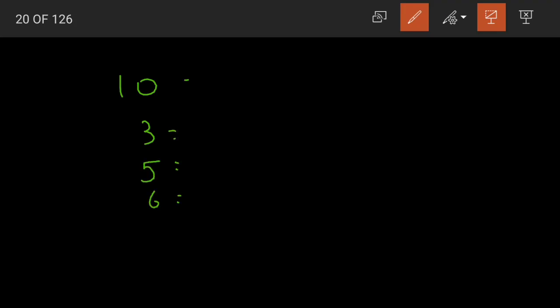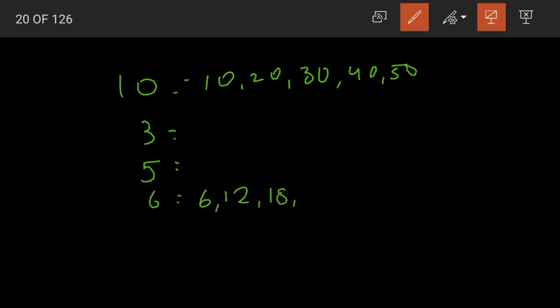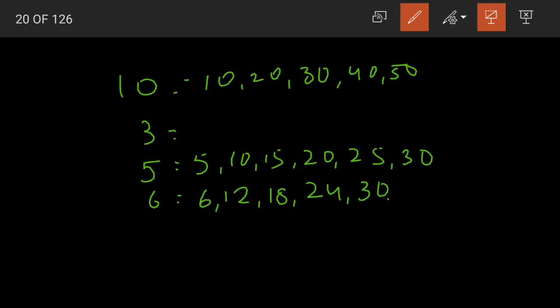Yes, the multiples of 10 are 10, 20, 30, 40, 50. Multiples of 6 are 6, 12, 18. Then for 5 we have... okay. Now without writing the multiples of 3 also, we can say that here 30 is the common multiple.